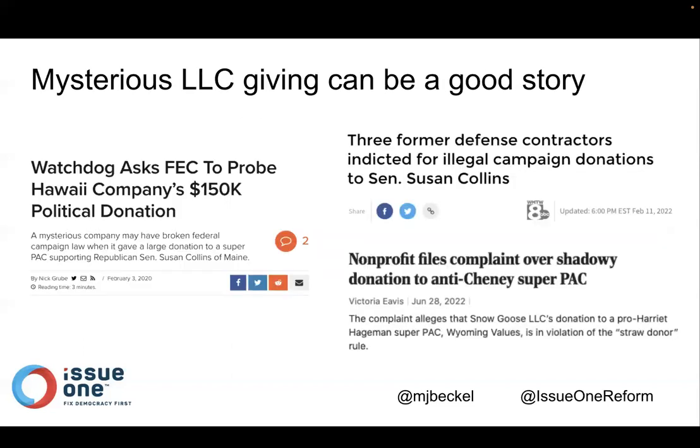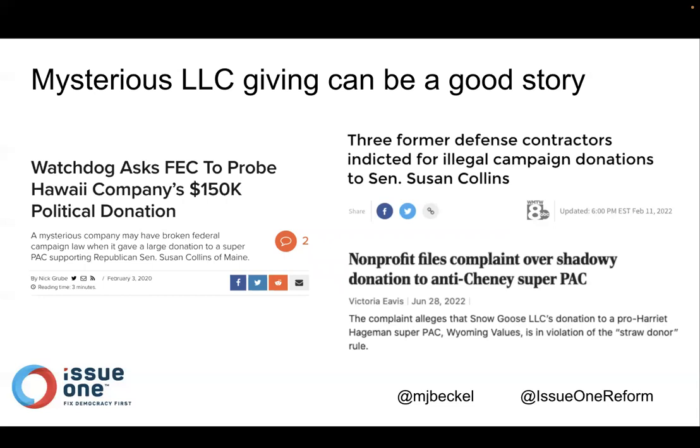And as I alluded to just moments ago, when you've got that opaque money coming into a super PAC, that in and of itself can be a really good story. A couple years ago, we saw a regional reporter in Hawaii notice that a Hawaii company had donated a large sum of money to a group backing a Republican senator on the other side of the country.